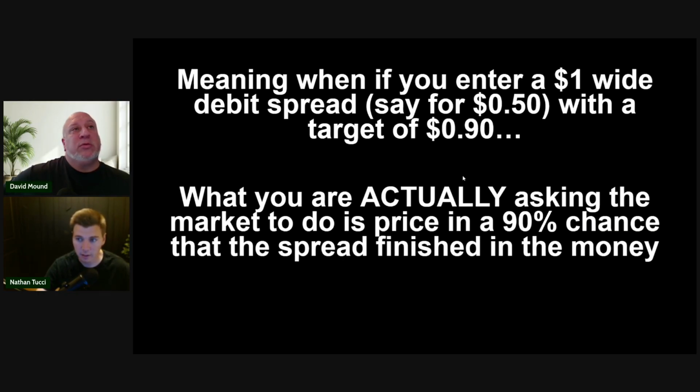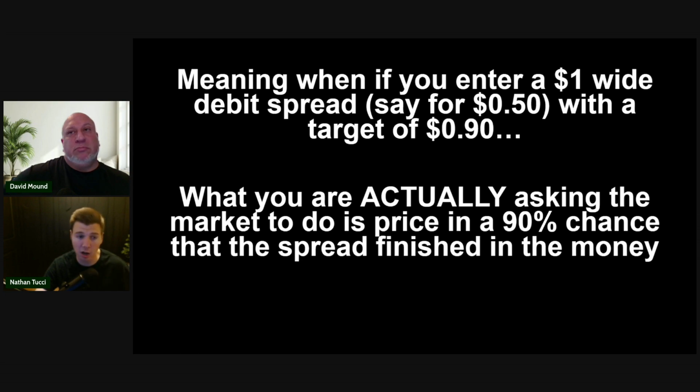That's the ask. Okay? Again, it's not you're asking for the VIX to come down and the price to do this. All of those things factor in. But what you're really asking is that for this thing to be worth 90 cents, the market has to say, hey, there's a 90+% probability that this thing finishes in the money. That's why it will be worth 90 cents.